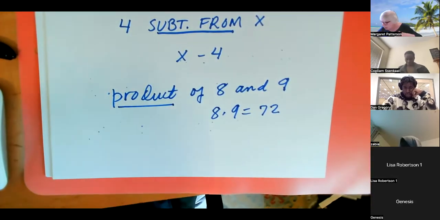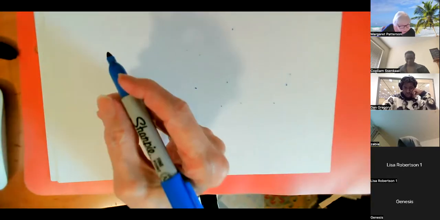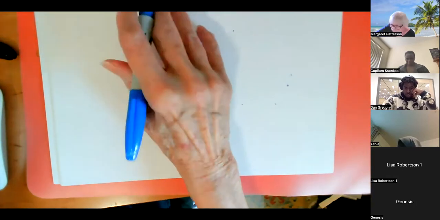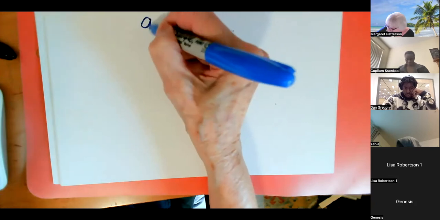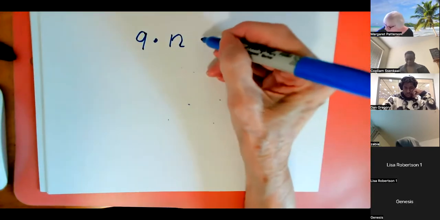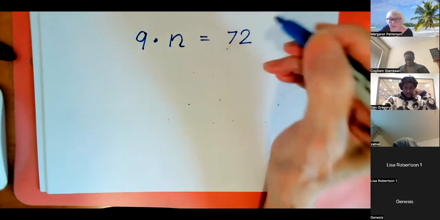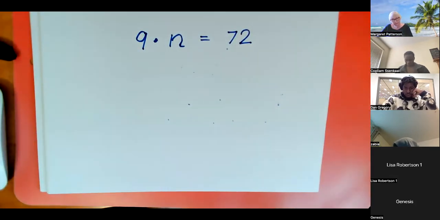All right. Now, they do a couple of problems in reverse. And so it looks kind of like this. 9 times the mystery number is 72. 9 times 8.